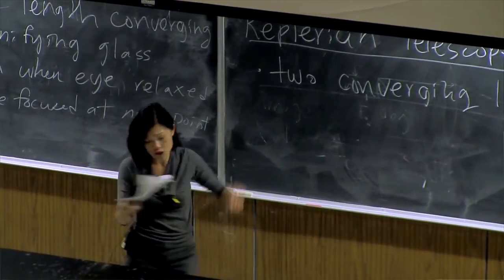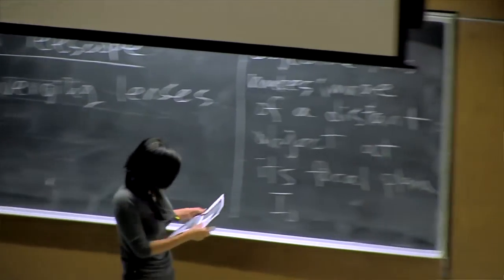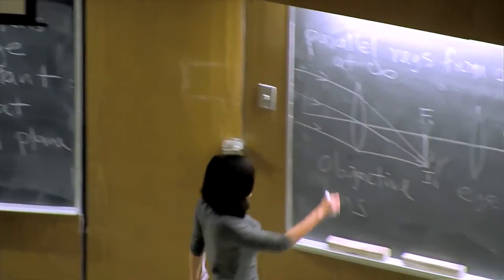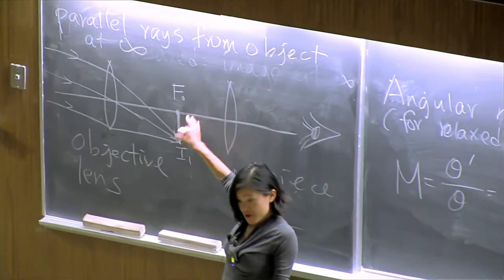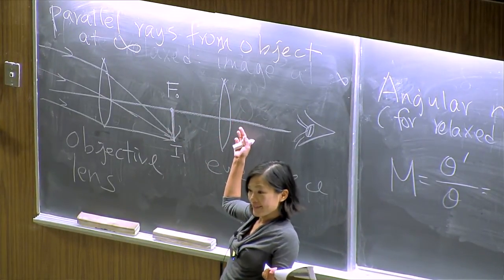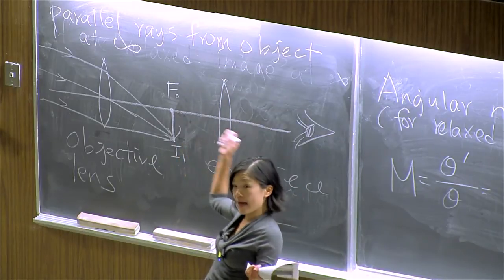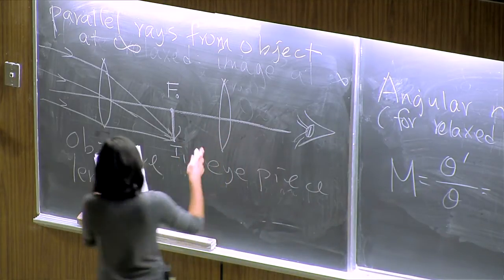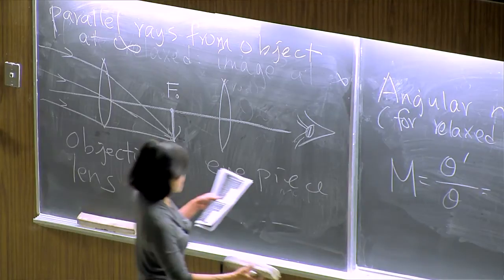That's your first image. And then this image is viewed through the eyepiece. Right? Just think about your telescope. So you view this image through the eyepiece, and how does the image look like?